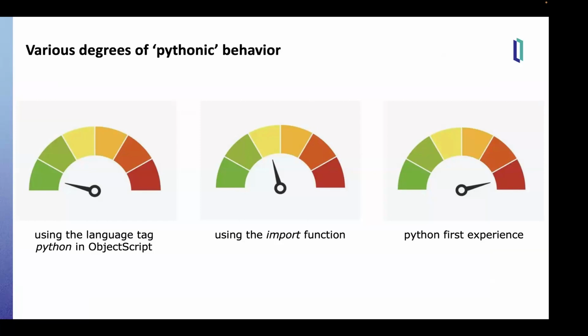If you're more a Python focused developer, or you have Python developers that want to interact with Iris and the application that you've built, then it's probably a better idea to take one of those approaches that are more Python centric. So that's a very quick and brief overview and rundown of what we have.